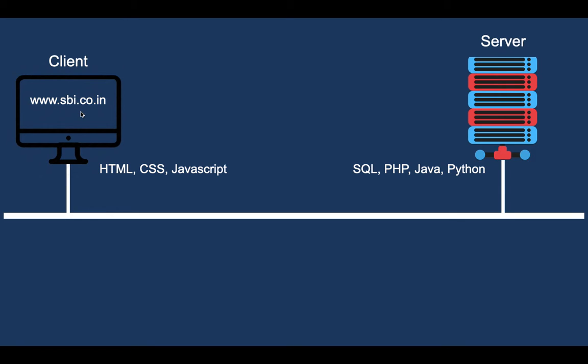When you log on to this site, the SBI server will obviously send some data to the client machine, that means your computer. That data which will run on your computer will constitute the front end of this website. And as I told you, that data will be in HTML, CSS, JavaScript. Now, what will be the back end over here?